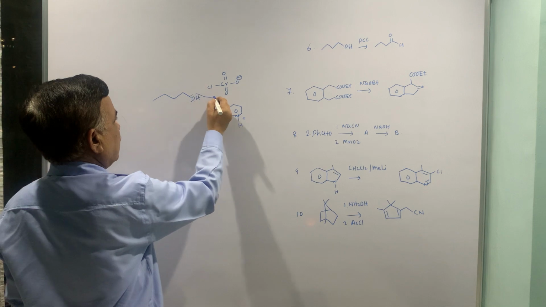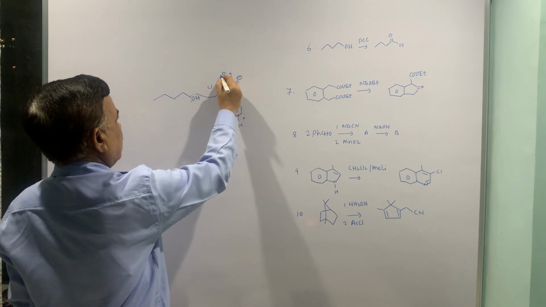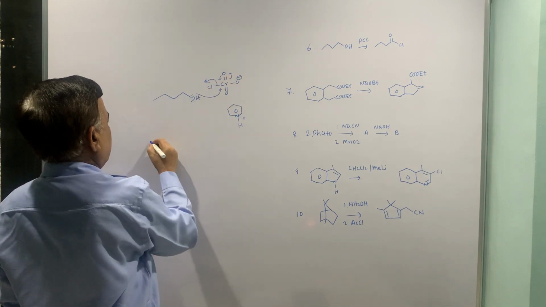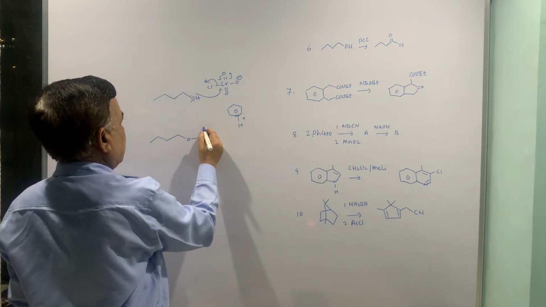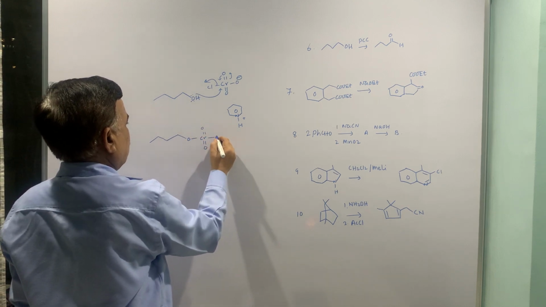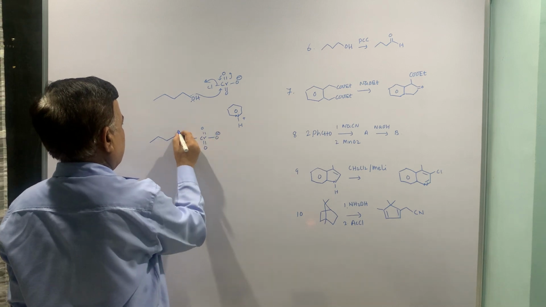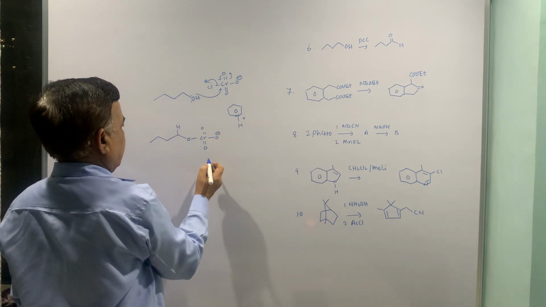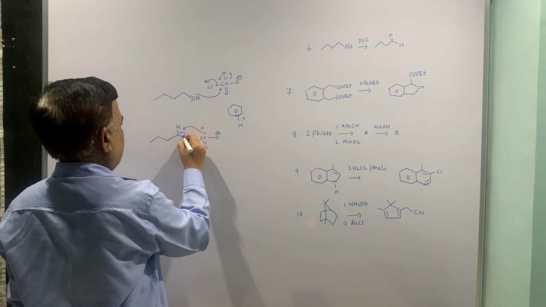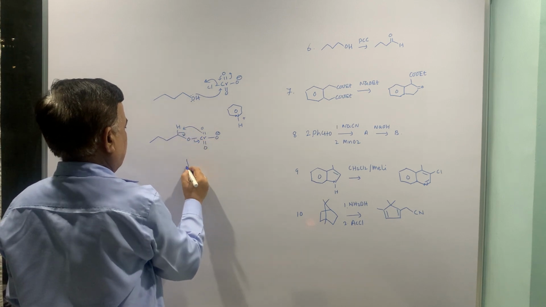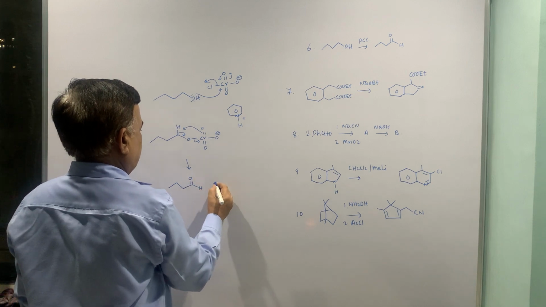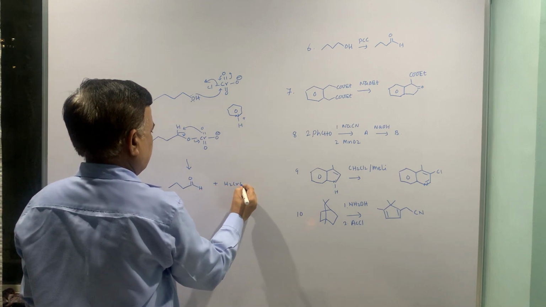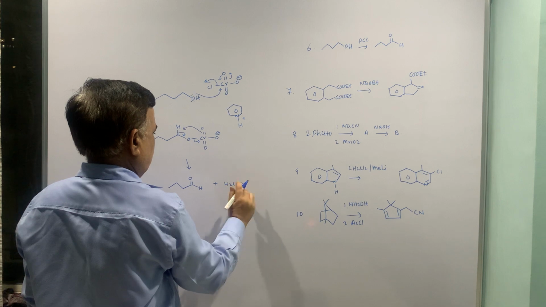OH attacks here, this goes off, O Cr double bond O minus, then this becomes aldehyde and the other part becomes H2CrO3.